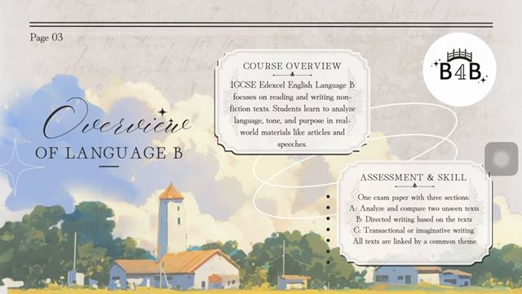And Section C is transactional or imaginative writing, which covers narrative, argumentative, and descriptive writing. And don't worry, all texts are linked by common themes, so it's quite easy.